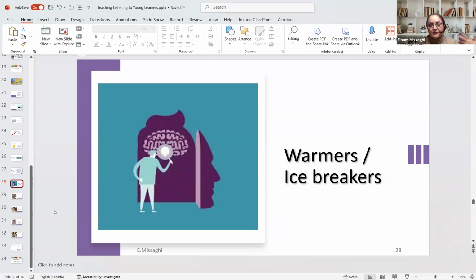You need some icebreakers, depending on the level and the age of your students. For children, they need to move around. It's impossible to make them sit 90 minutes. Even teenagers need some pair work, group work, or moving around.